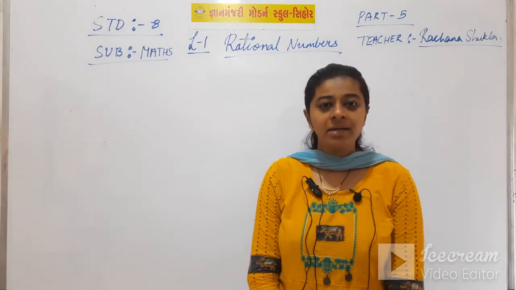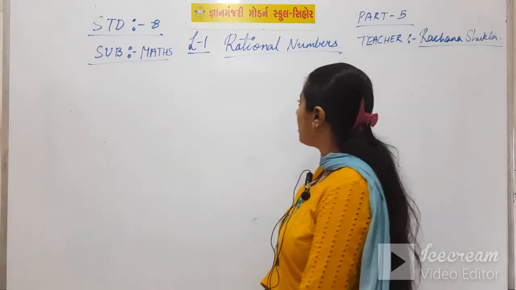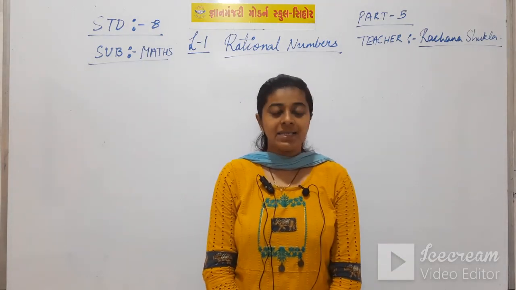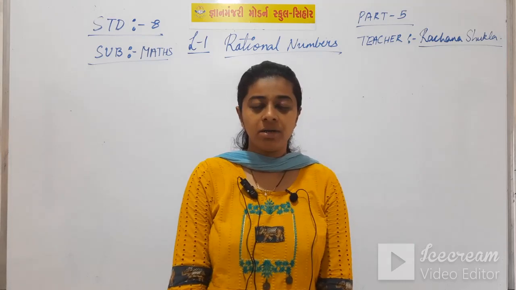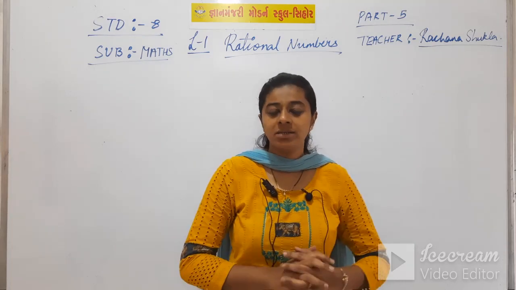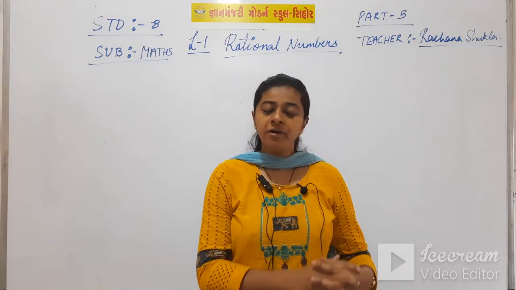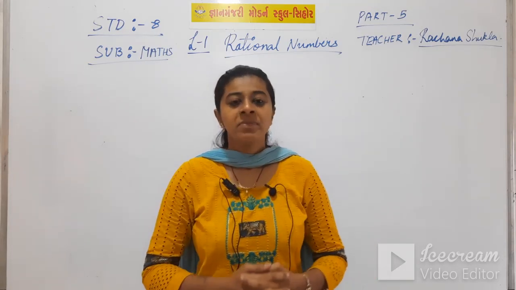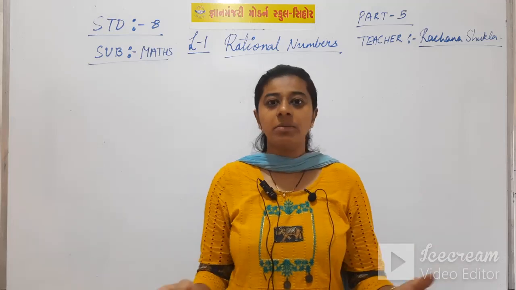Today I am back again with part 5, our 5th video of standard 8 subject maths and lesson number 1, rational numbers. So we were going through rational numbers. In the first 4 videos we already learnt about what is a rational number, how to plot a rational number on a number line.